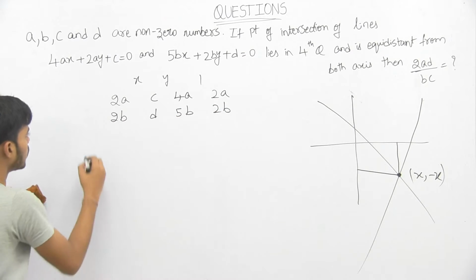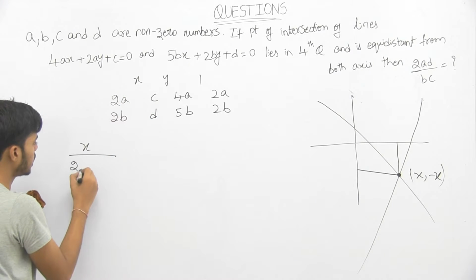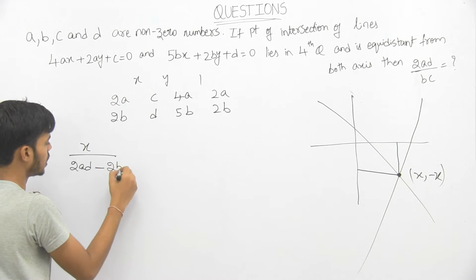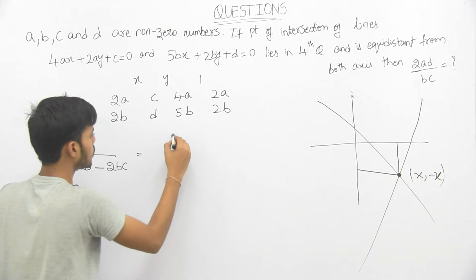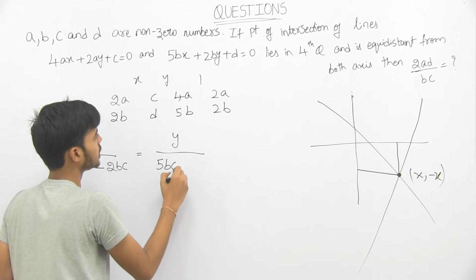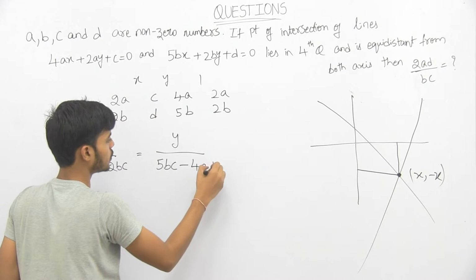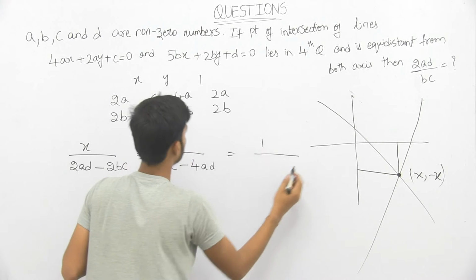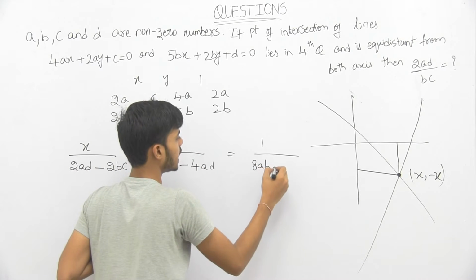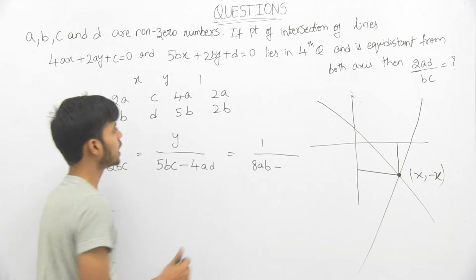So in Cramer's rule we write x by (2a into d, that is 2ad minus 2b into c, 2bc) is equals to y by (c into 5b, that is 5bc minus d into 4a, that is 4ad) is equals to 1 by (4a into 2b, which is 8ab minus 2a into 5b, 10ab).